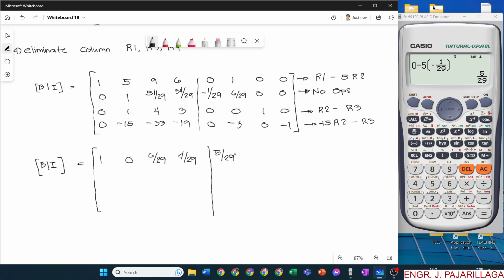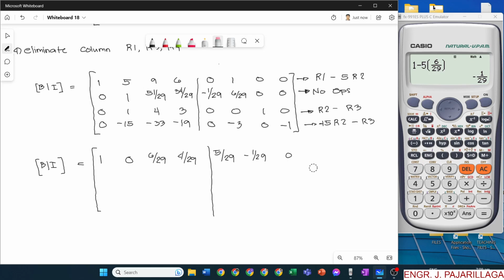And then we have 1. 1 minus 5 multiplied by 6 over 29. You have negative 1 over 29. And then here, 0, 0. So this is 0, 0.